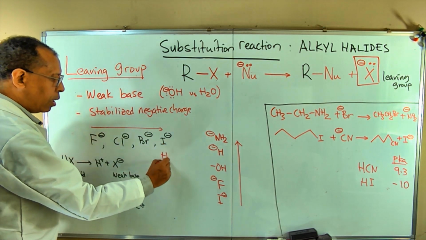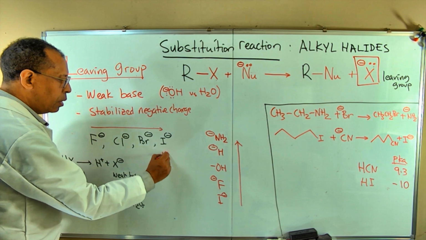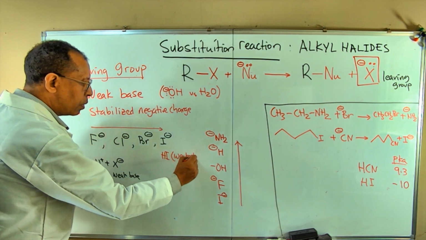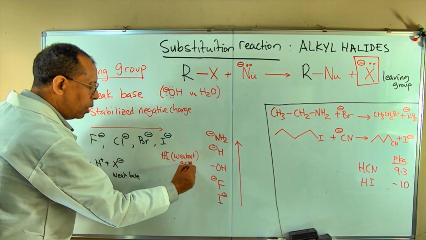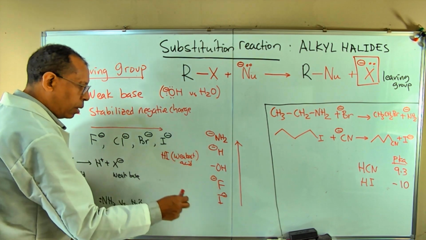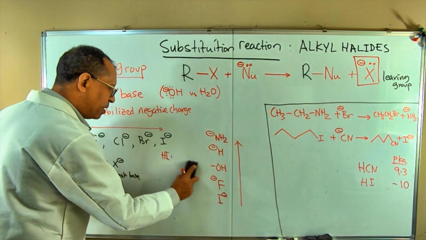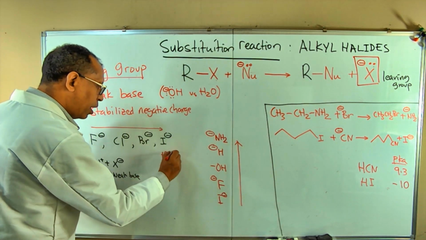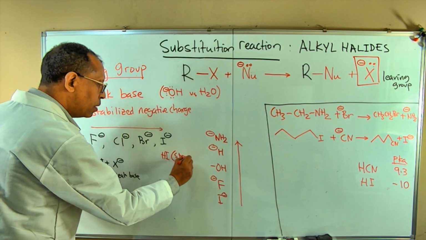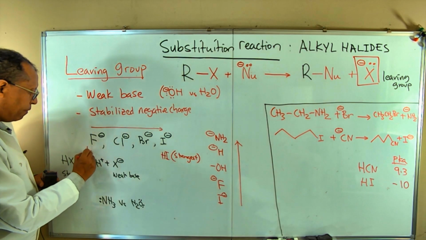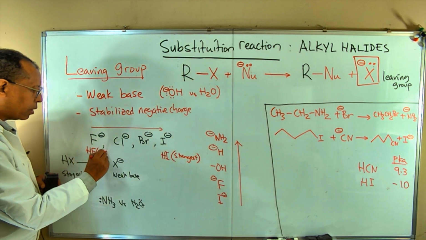So HI is the weakest acid, right? Oh no, I'm sorry. HI is the strongest acid. Sorry. So HI is strongest, and HF is the weakest acid.